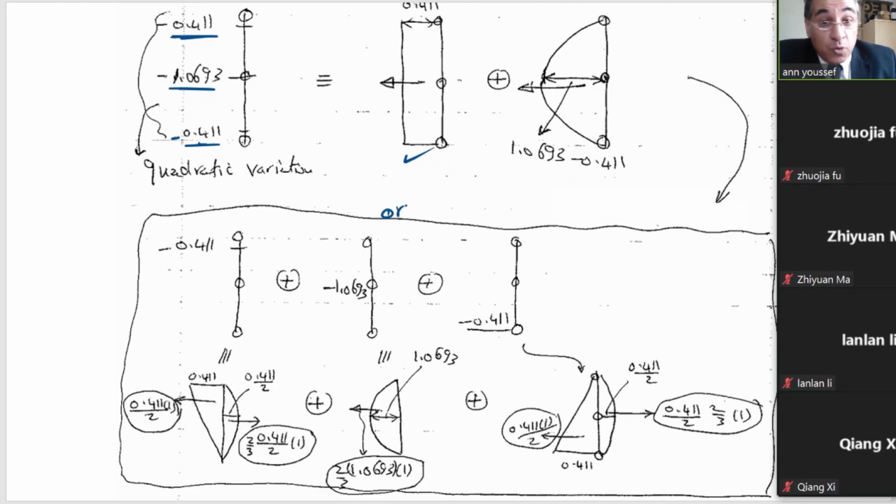Or we can do it using the shape function. We take the first one, then the second one, then the third one. The first one is triangle plus parabola, like what we did before. The second one is a parabola like this one. And the third one is triangle plus parabola. Both of them will give you the same results.